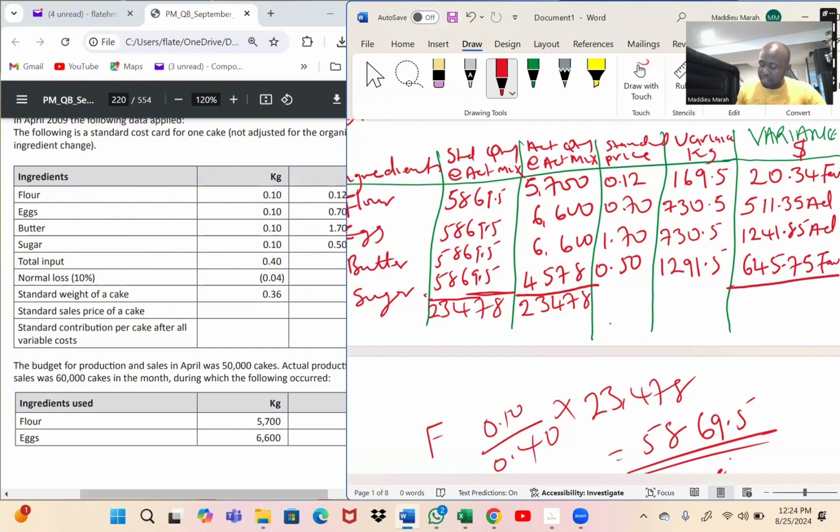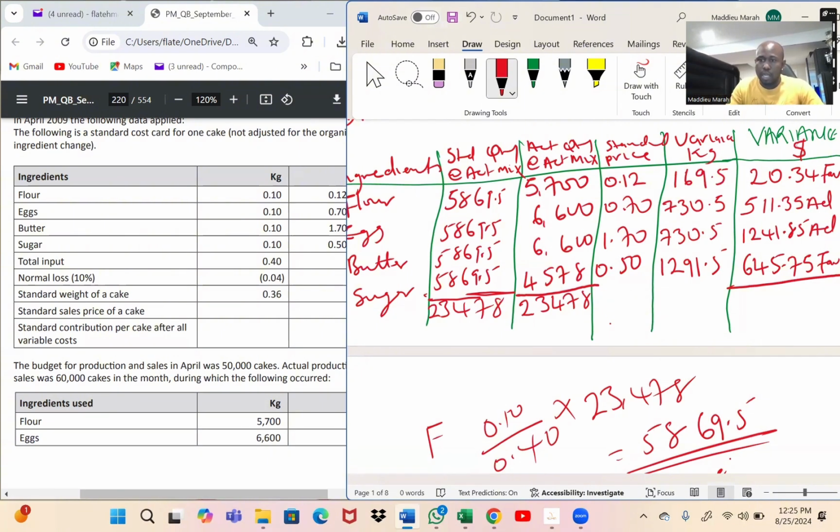So these are my variances. I have 20.34 favorable, 511.35 adverse, 1241.85 adverse, and 645.75 favorable. What is my total variance? We have some positive and negative, so we add all of it.